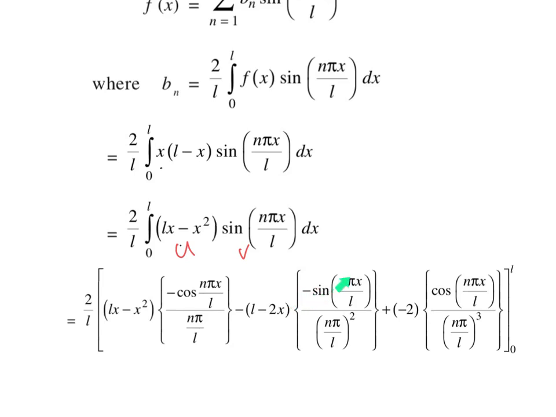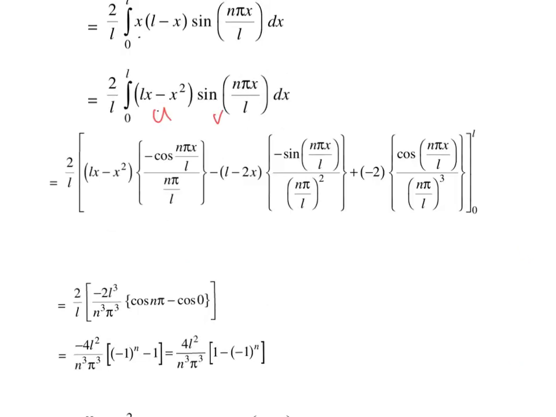So minus sine n pi x by L divided by n pi by L whole square. Next we take plus, the differentiation of L minus 2x, which is minus 2, and the integration of sine gives minus, this minus times minus is plus now. So plus cos n pi x by L divided by n pi by L to the power 3. Then apply the limit 0 to L.